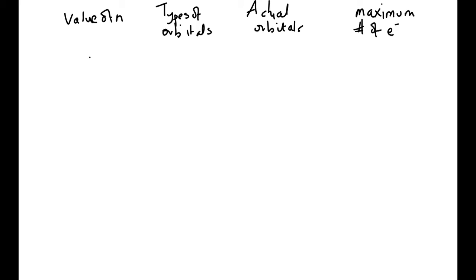So principal quantum number 1 is the lowest we can have. So there's n types of orbitals, there's n squared actual orbitals, and there's 2n squared electrons. So this is n. There's n types of orbitals, there's n squared actual, and 2n squared for electrons.